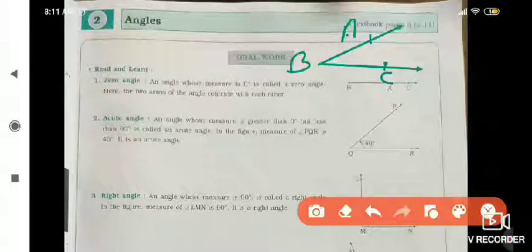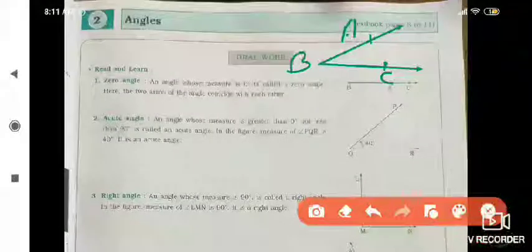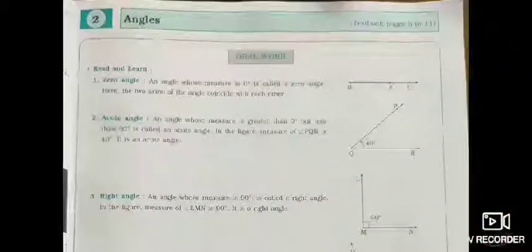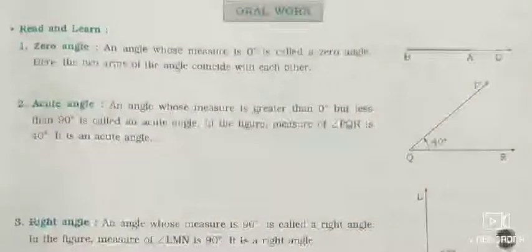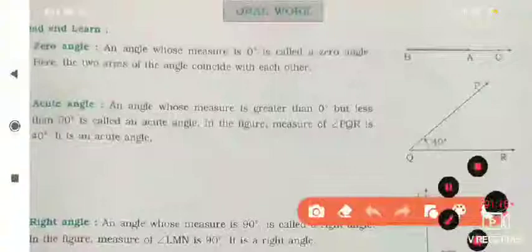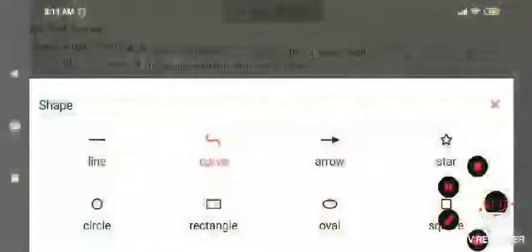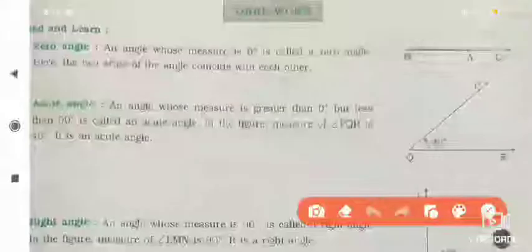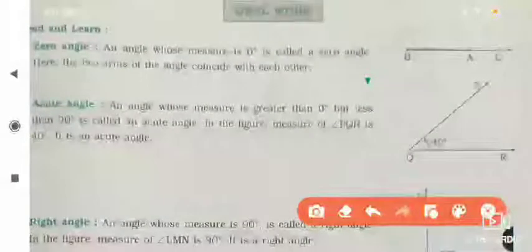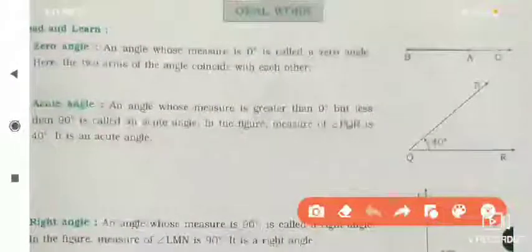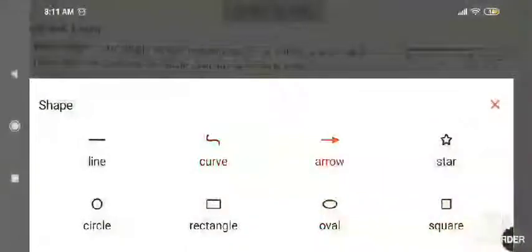Now there are different types of angles, and those we are studying. The first angle is the zero angle. How does the zero angle form? Suppose this is the starting point, and we draw the angle here.